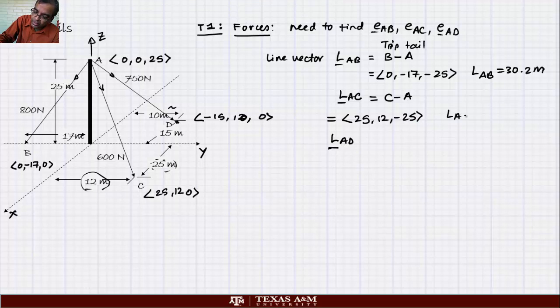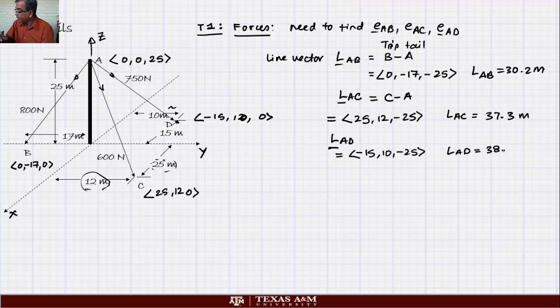Its magnitude turns out to be 37.3 meters. LAD turns out to be minus 15, 10, minus 25, and its magnitude turns out to be 38.8 meters. I'm looking at the side to make sure that I'm writing the right numbers. So that's LAB, LAC, LAD.